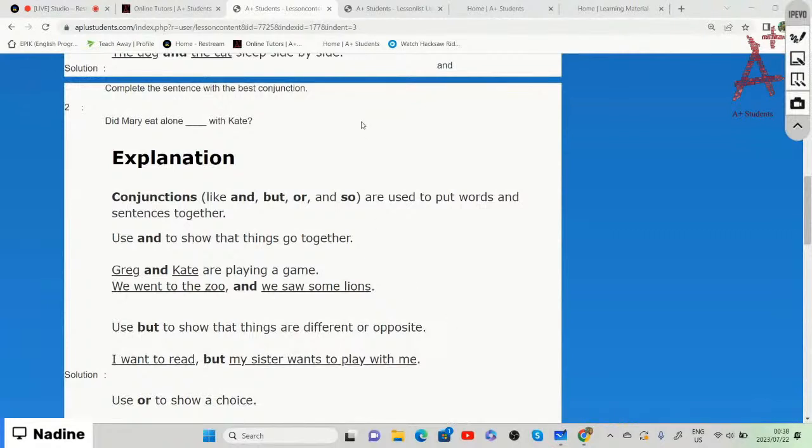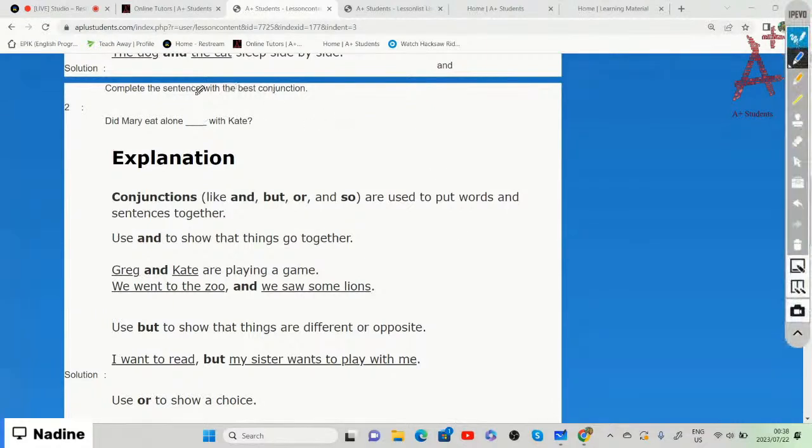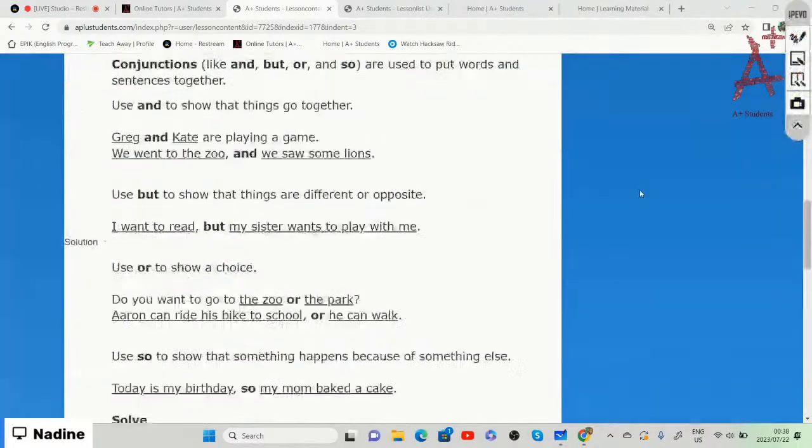And we can say or with Kate, meaning that Mary had a choice of eating her lunch alone or eating her lunch with Kate, right? Remember we said or shows a choice. It's either this or that. So or shows options, it shows choices, right?